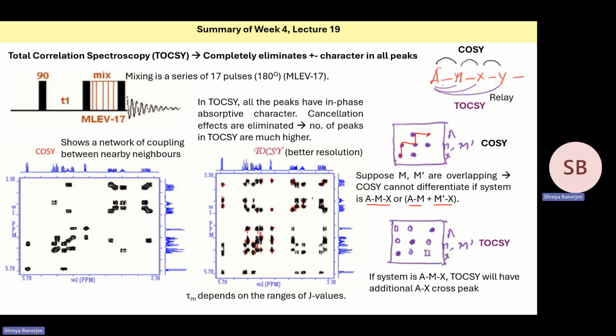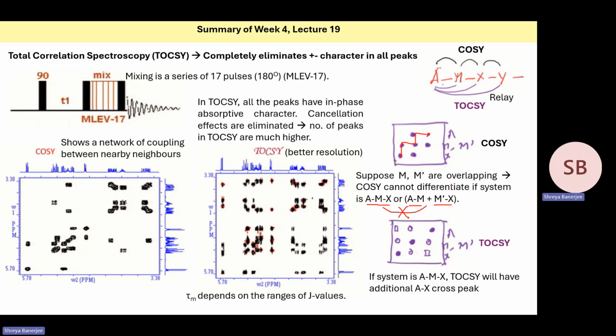And if the system is AM and M prime X, A and M cross peak will be there. And because M prime and M are at the same chemical shift, the M prime X cross peak will also be there. So COSY cannot differentiate between these two.